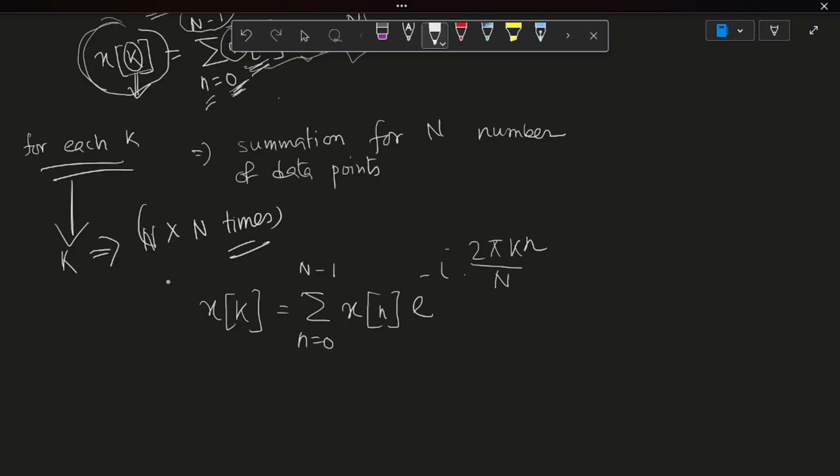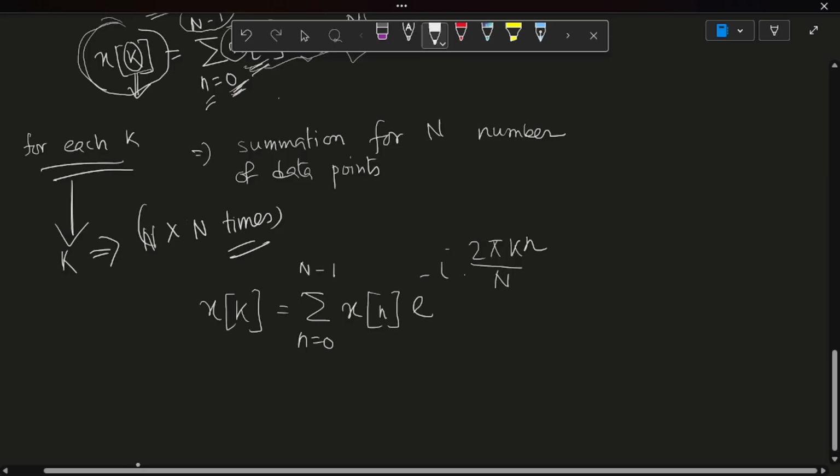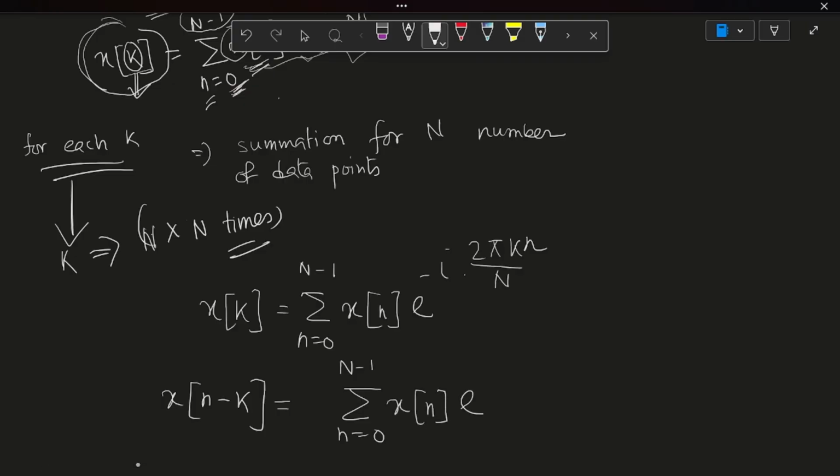Now let us compute X_(N minus k). So let me try to look at it. What will be the value? It will be the sum from 0 to N minus 1 of x_n e to the power minus i 2 pi n by N, and here, in place of k, you write N minus k.